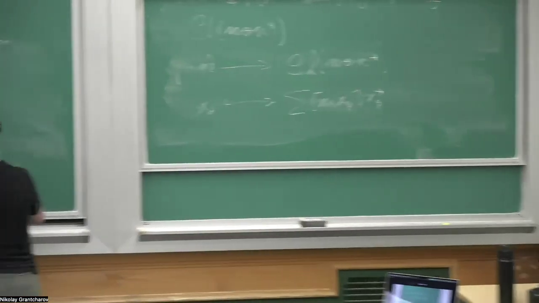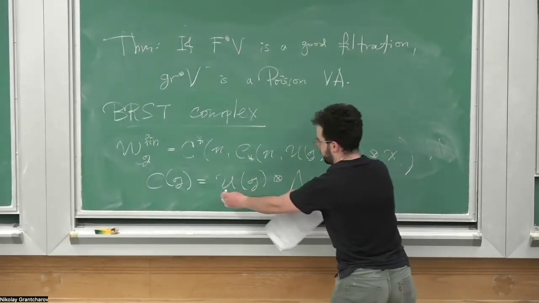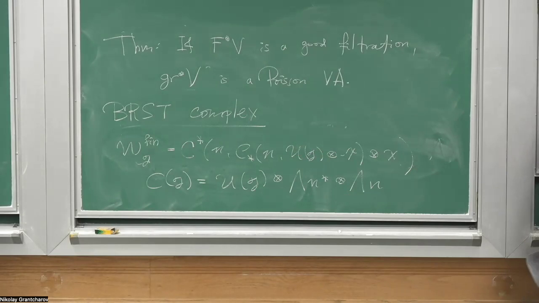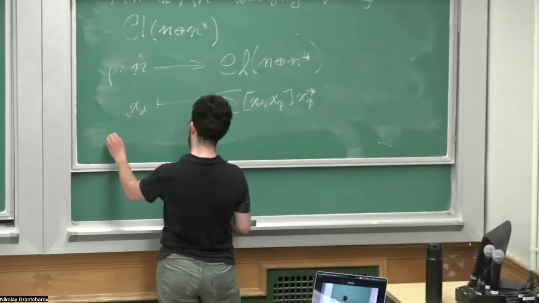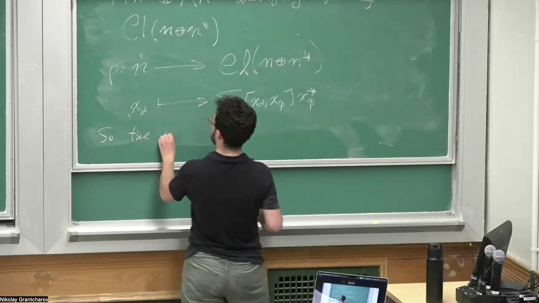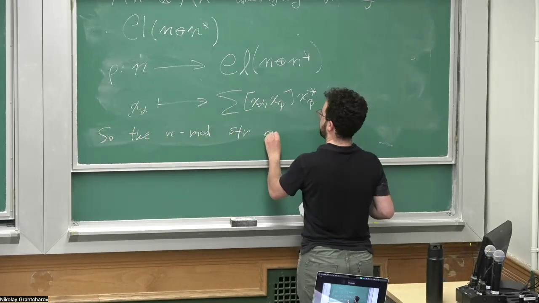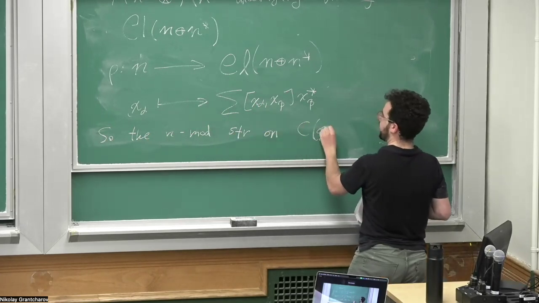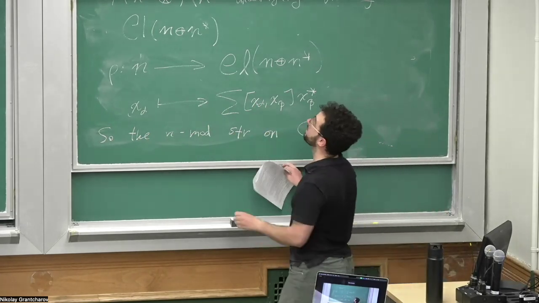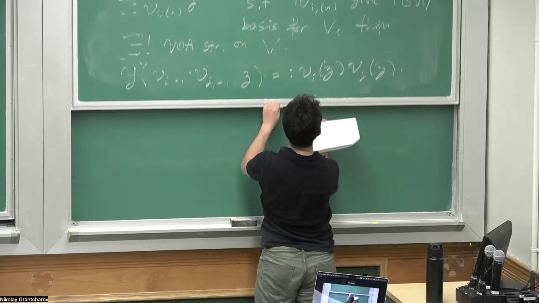So first of all, this is the n module structure on that. The n module structure on C(g) is again going to be induced from a homomorphism of Lie algebras.